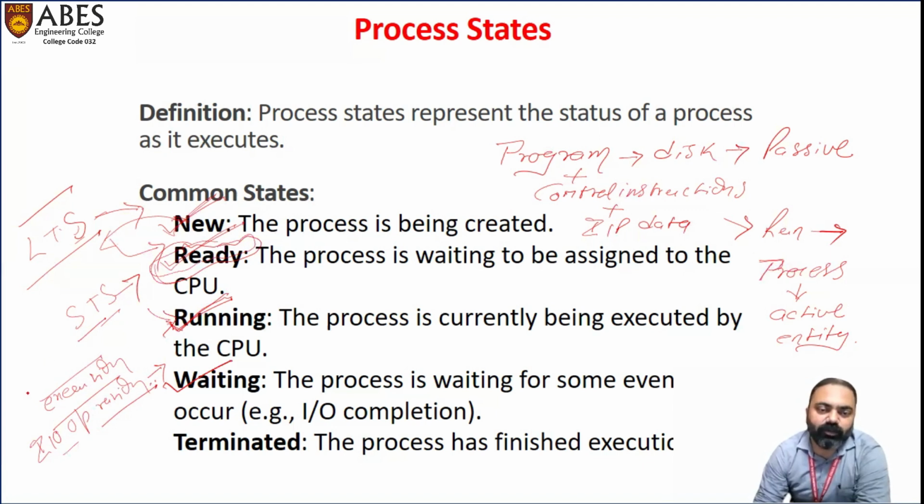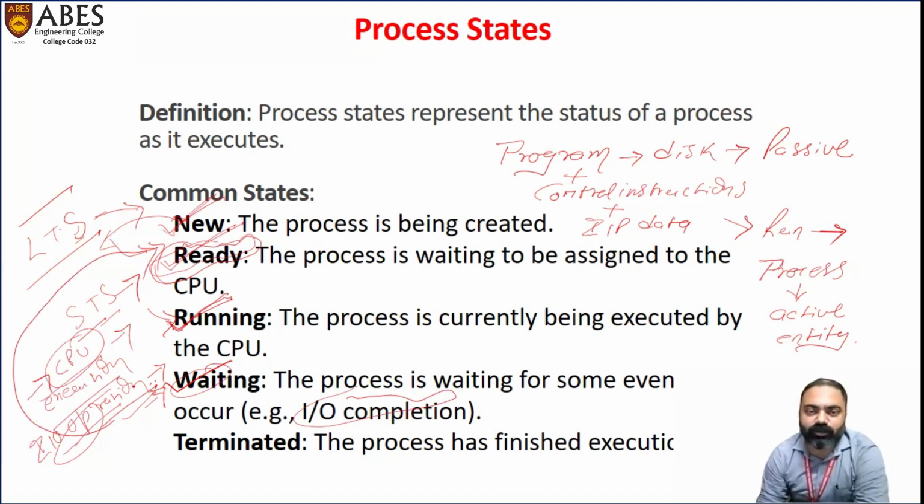So what we do is put that process inside the waiting queue and assign a new process to the CPU so that the CPU will not sit idle. And when the earlier process, which is currently in the waiting queue, completes its IO operation, then we put that process again inside the ready queue.